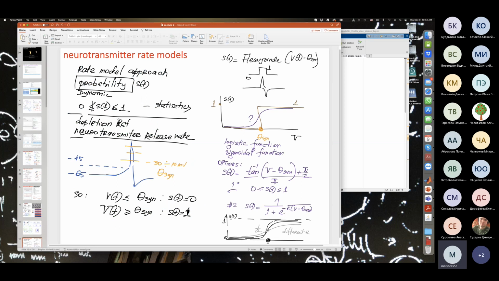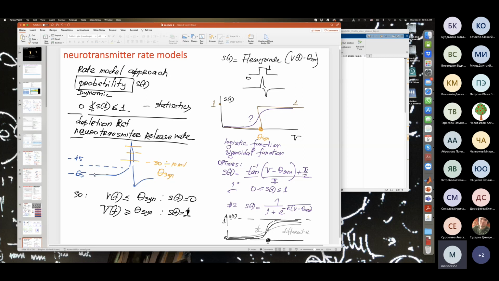Okay, so, in the very simple model, we need to create what are called neurotransmitter rate models. It's basically a probability of releasing neurotransmitters. The idea in chemical synapses, unlike electrical synapses, where there is always current between two cells coupled by an electrical gap junction, is that chemical synapses have a threshold, so it's kind of one-way communication.